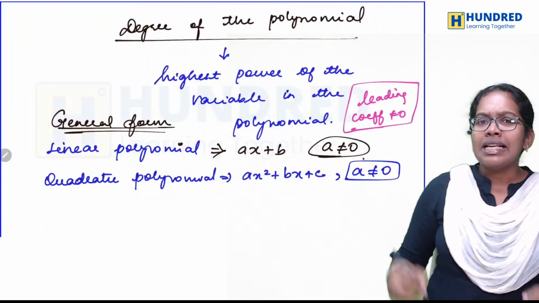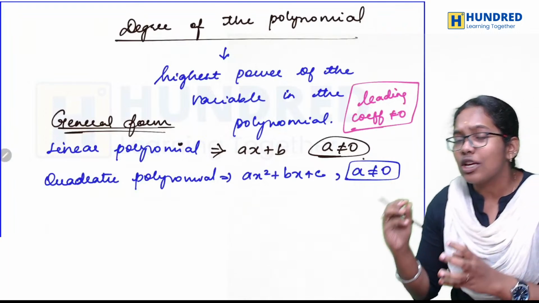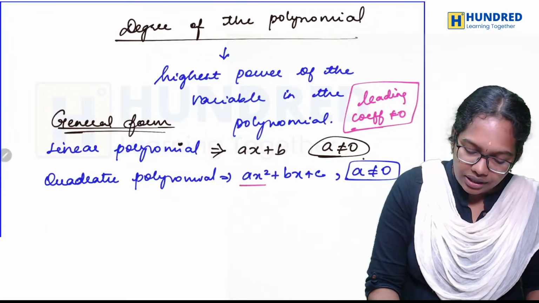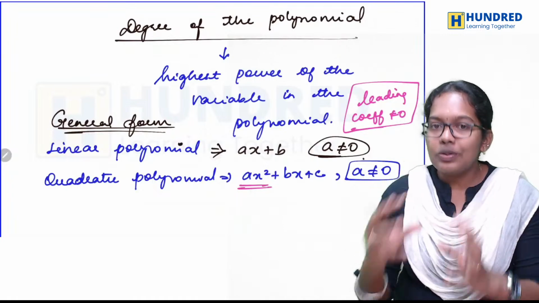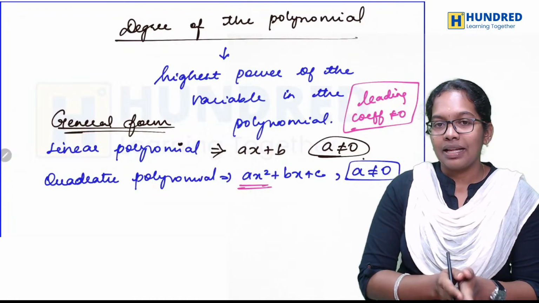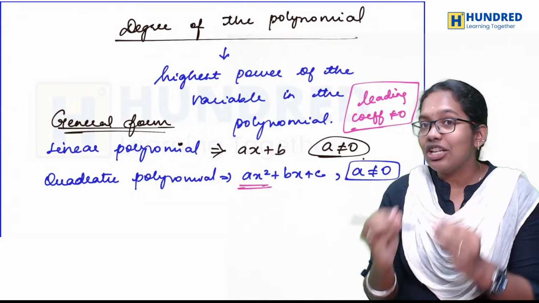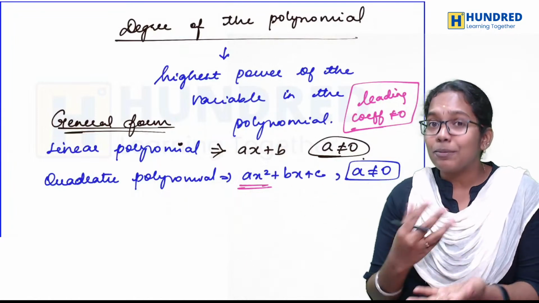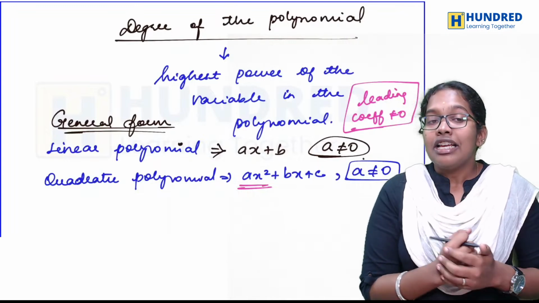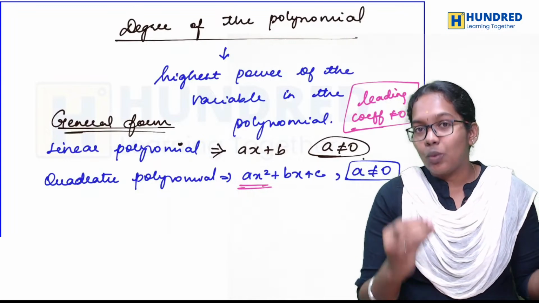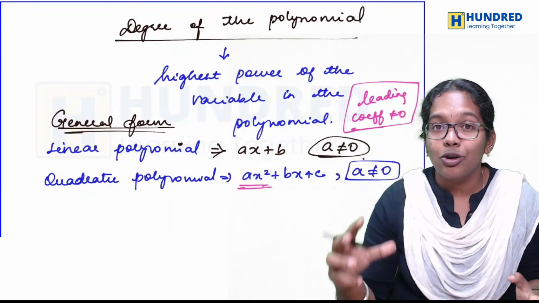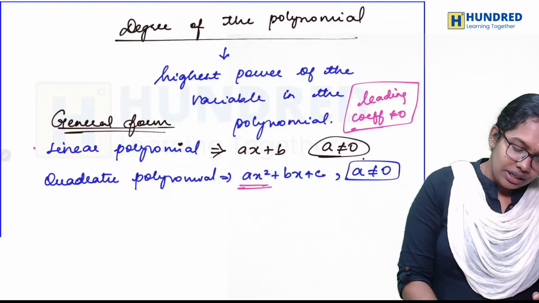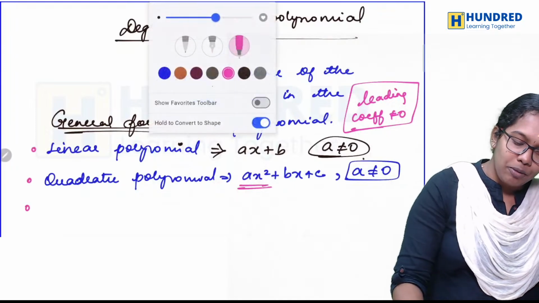If a is equal to 0, what will happen? The first term cancels and you'll be getting a linear polynomial, right? But if you need a quadratic polynomial, then the leading coefficient should not be equal to 0. Okay, so now let's go on to the next type, which is cubic polynomial.